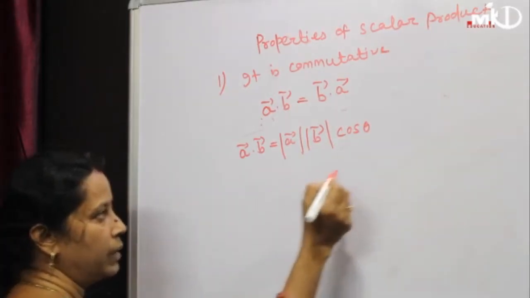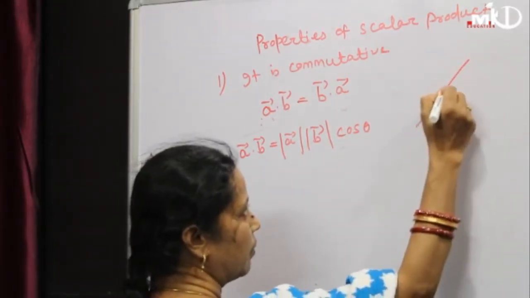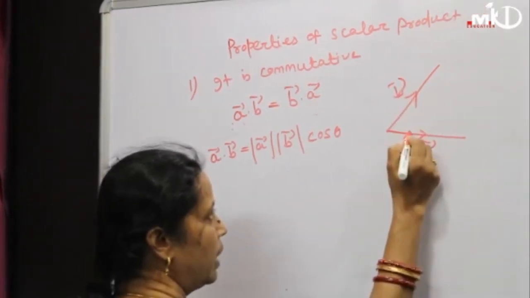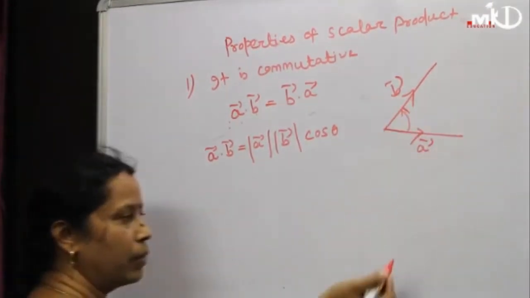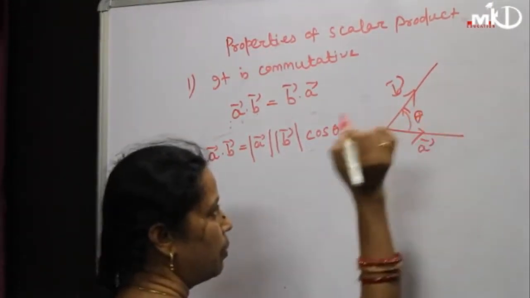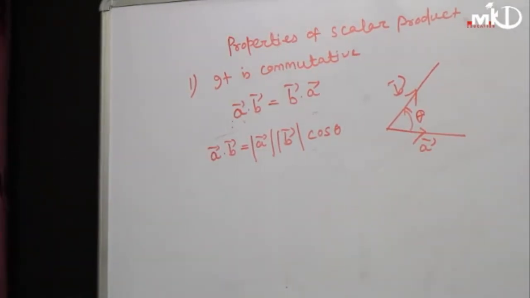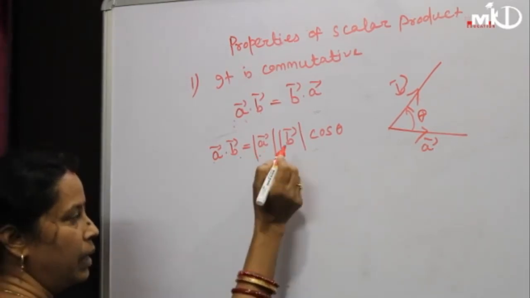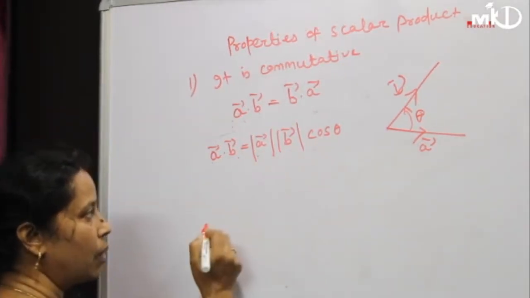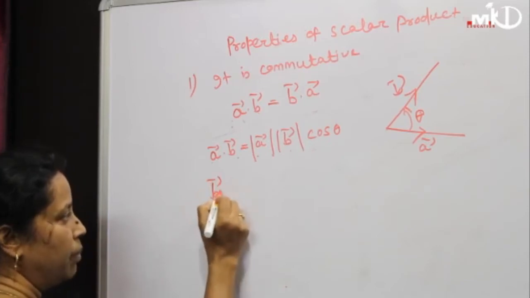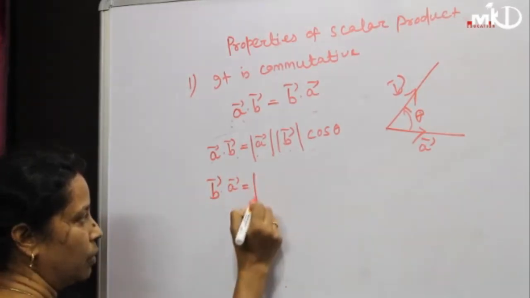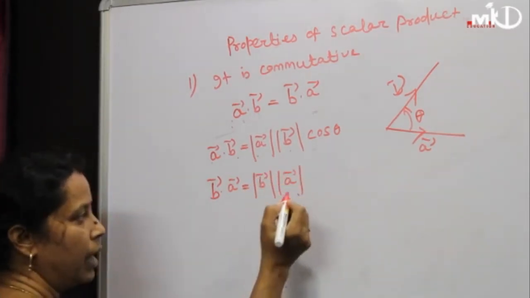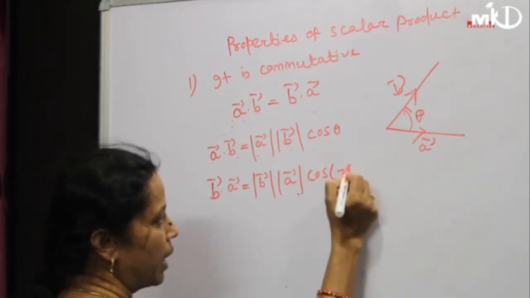Suppose this is a bar and this is b bar, and the angle measured anticlockwise is positive. Suppose from a bar to b bar the angle is theta. Then a bar dot b bar is modulus of a bar into modulus of b bar into cos theta. If we find b bar dot a bar, it is the modulus of b bar into the modulus of a bar and the cos of minus theta.